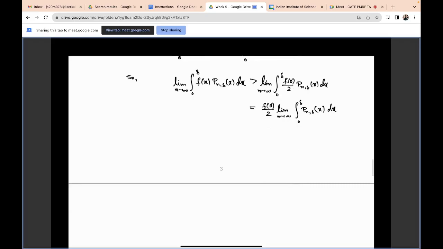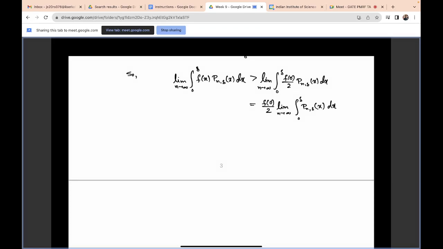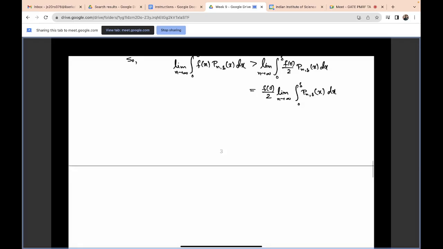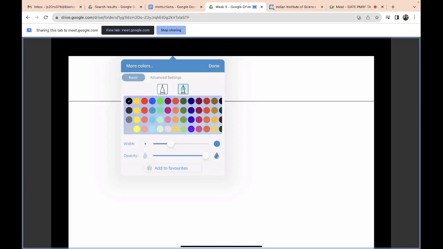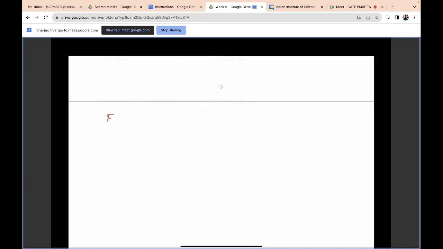Right, now we'll use one lemma. So here we need one lemma, so let me write the lemma first. This is called Fatou's lemma. So what is this lemma saying?